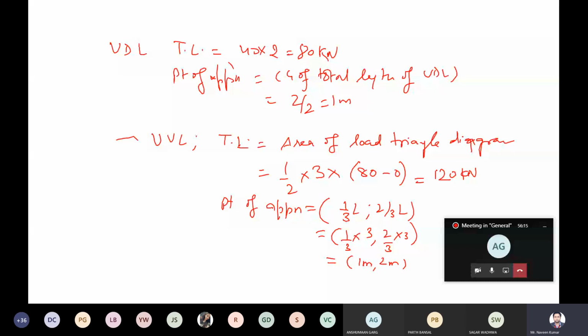Sir, please upload the notes on MS Teams. Yes, just ask the CR to remind me, I just forget it every time. Then I will upload it, and I will also upload this assignment. Just tell the CR to remind me in the afternoon. Sir, I asked him yesterday to remind you on the group.